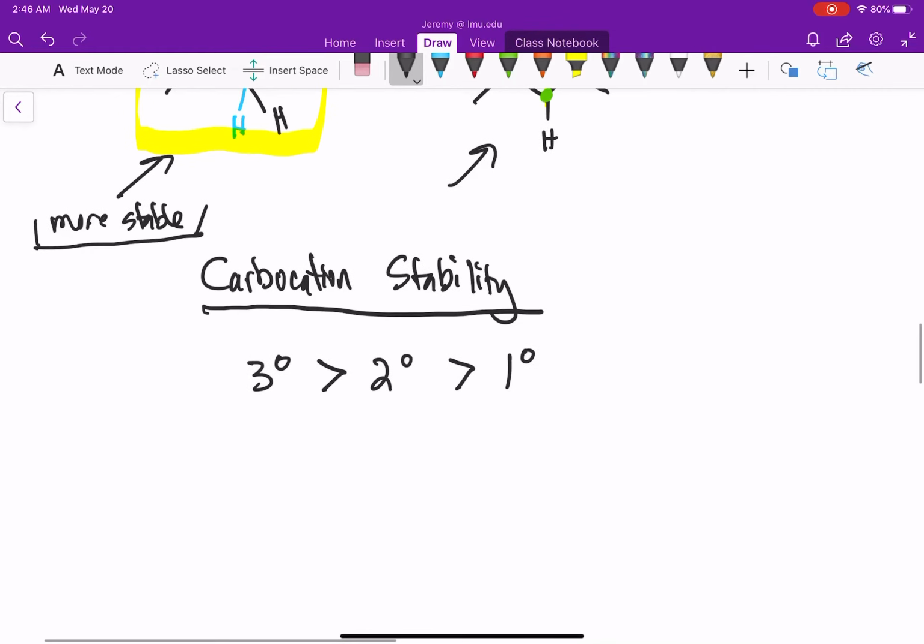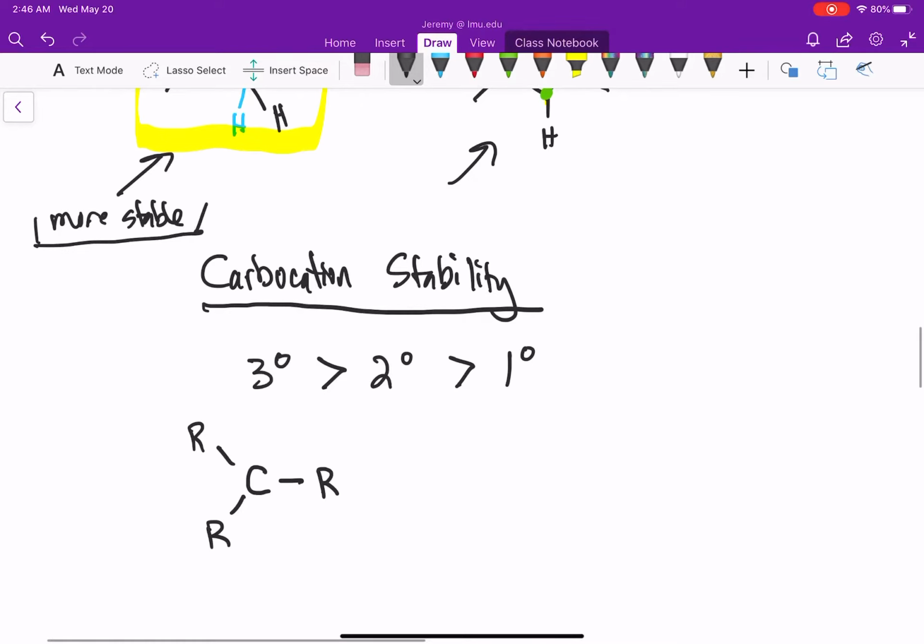So what's a tertiary carbocation? A tertiary carbocation is when you have a carbon that's connected to 3 other carbons, okay? So I'm using the letter R here to represent carbon atoms.